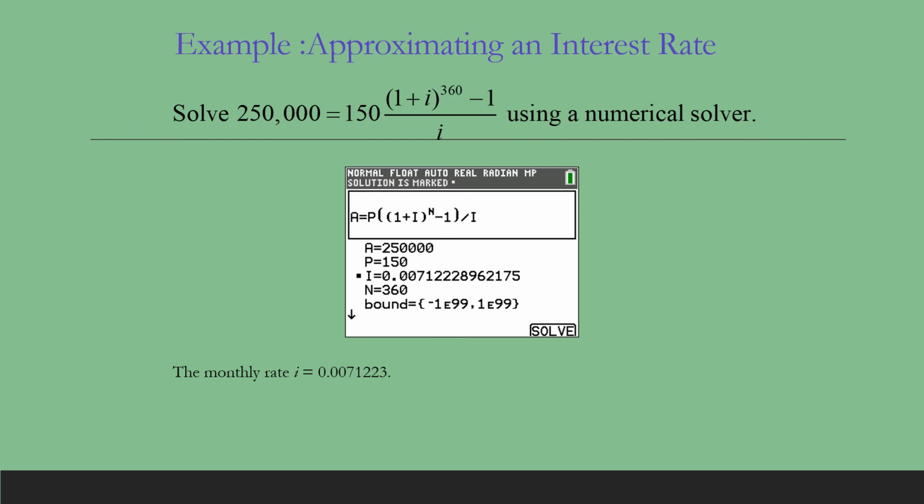Sometimes tables can also be used, but to complete the computation, we always use a calculator rather than tables, because the main advantage of a calculator is that it can handle many more situations than a table, no matter how large the table is. So it is easy for us to use a graphing calculator, TI-83 or 84, and get the point of intersection, or use the numerical solver method and get the solution.